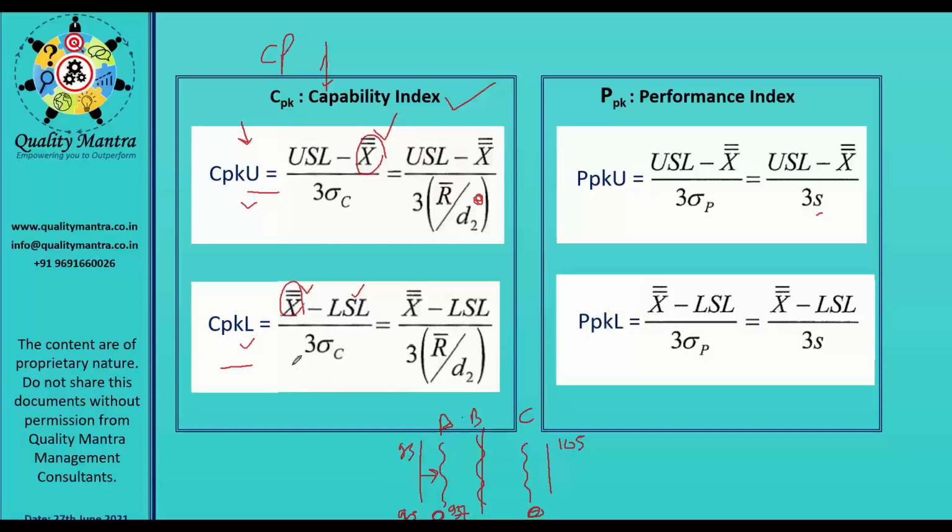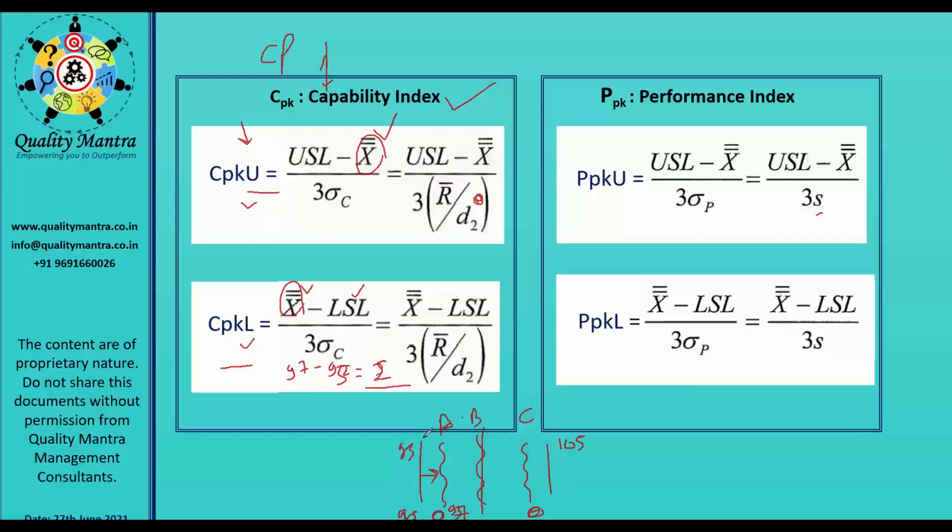So this is the 97 minus 95. So you have 2. So your numerator is 2, denominator is the same for this also and this also.